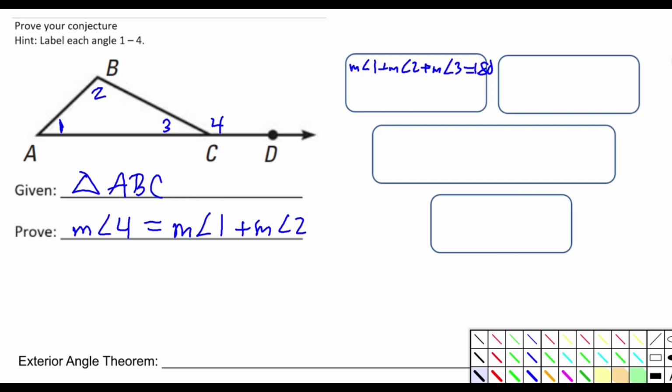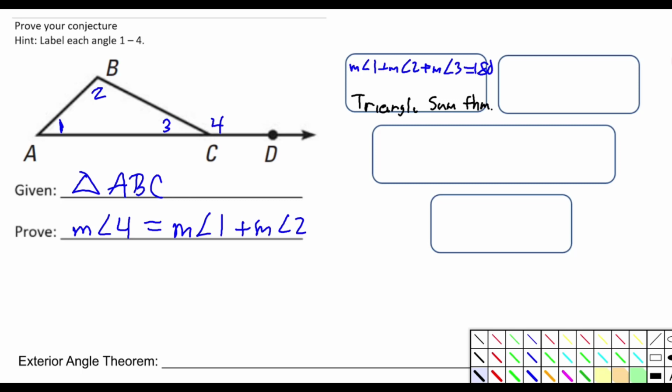Remember, we have to state our reasons. Well, they're triangles, and we proved this actually. So this is our triangle sum theorem. Perfect. Our triangle sum theorem says that all triangles need to add up to 180. So there we go. Angle 1 plus angle 2 plus angle 3 is equal to 180.